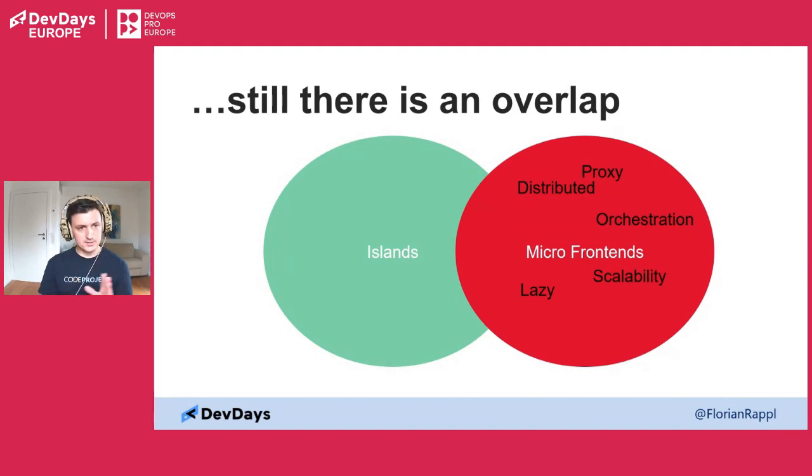Lazy loading, this is where it gets interesting because micro frontends also tend to lazy load many things. Otherwise, it just doesn't fit well together. And micro frontends allow to have a tech mix. But by the way, we've already seen tech mix with Astro as an example. And other island architecture powered frameworks are going in that direction too. So tech mix is also something that should be allowed. And this might live on the intersection.